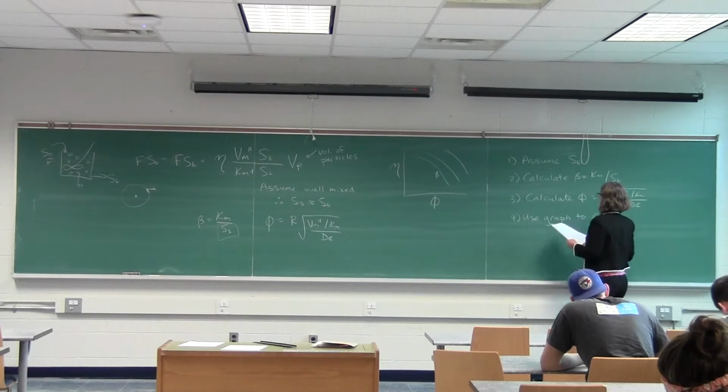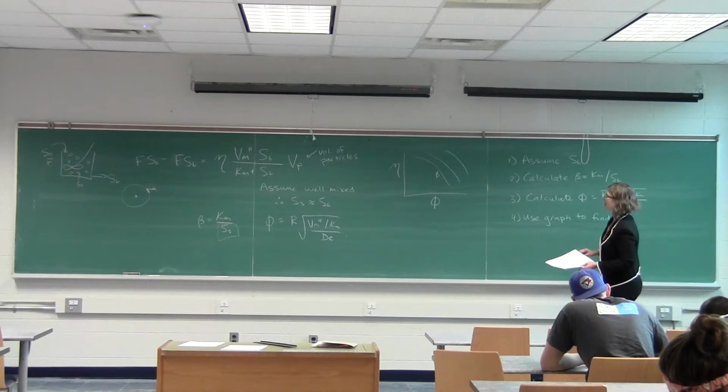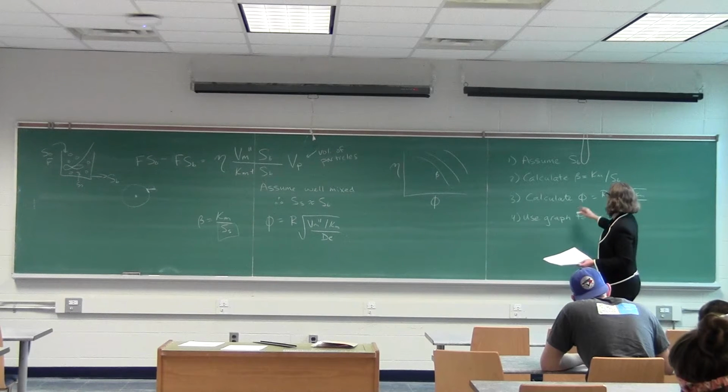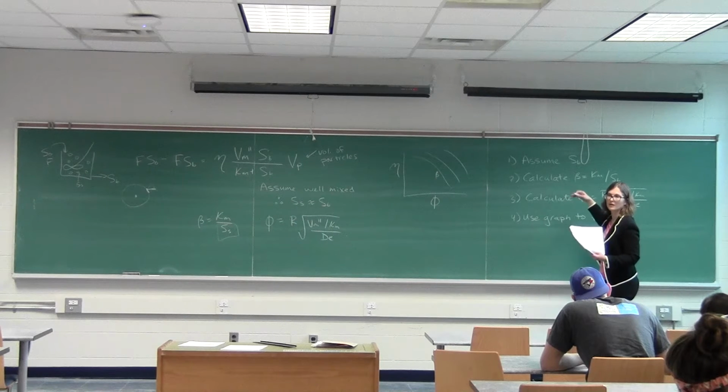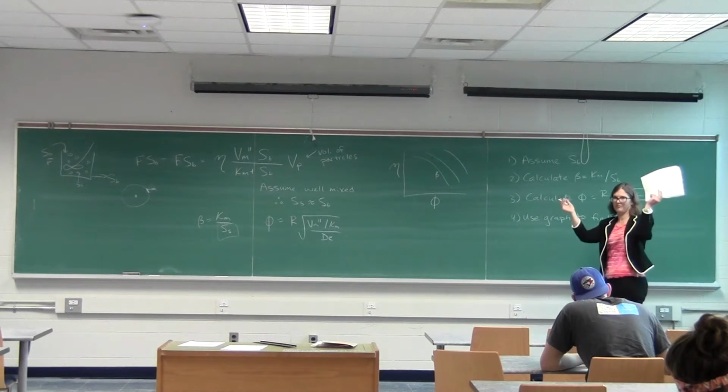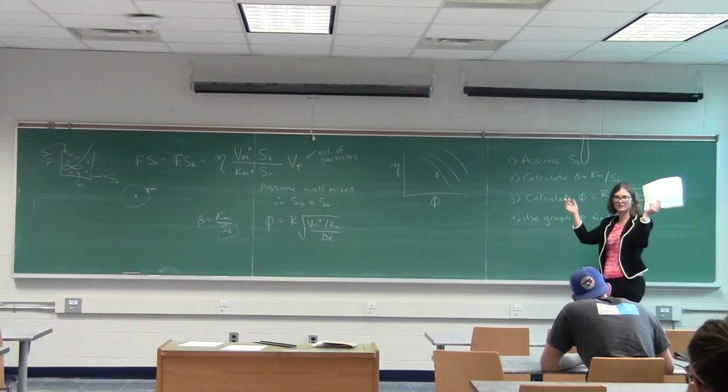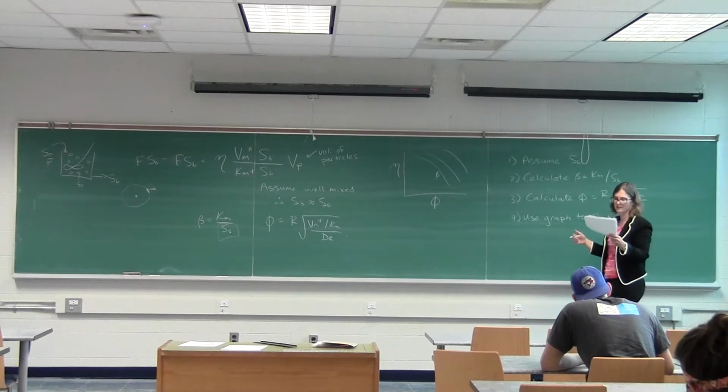Find the effectiveness factor. Again, just reminding you, if you've got a really big beta, it actually gives you a tanh equation that you can use instead of reading off the graph, but it's still going to be a bear to actually analytically solve.